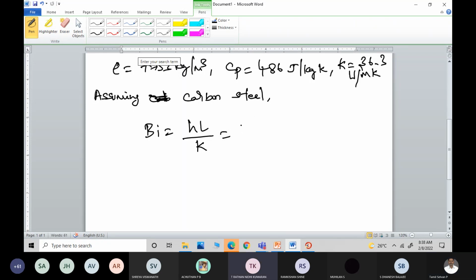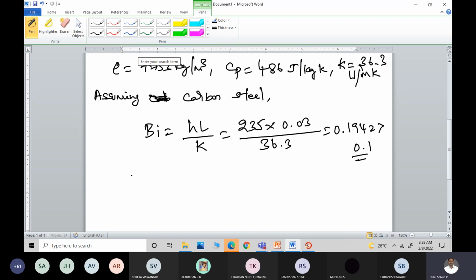h is 235, given. So 235 into 0.03 divided by the k value, 36.3. How much is it? 0.1942. It is greater than 0.1. So since it is greater than 0.1, we can assume infinite solid.